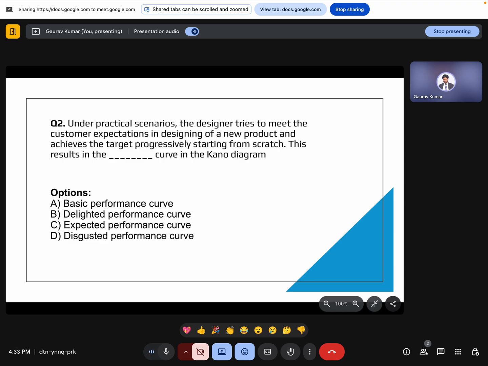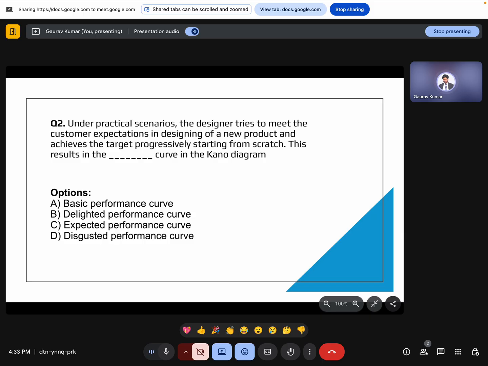Okay, let me explain. In the Kano diagram, different types of curves explain how satisfaction changes with increasing functionality. When a designer starts from scratch and progressively adds features and exceeds customer expectation, the resulting curve is the delighted performance curve, right?